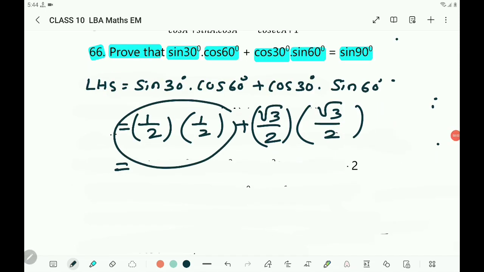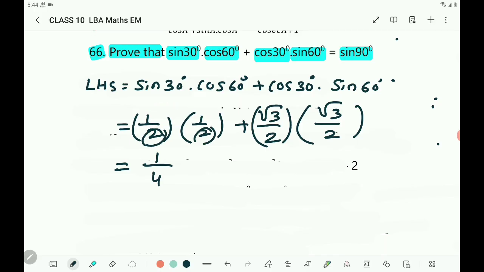1 by 2 into 1 by 2 is 1 by 4. 1 into 1 is 1. 2 into 2 is 4. Here 1 by 2 into 1 by 2 means we have to multiply numerator and denominator, plus root 3 by 2, root 3 by 2. Root 3 into root 3 is 3 by 2 into 2 is 4.